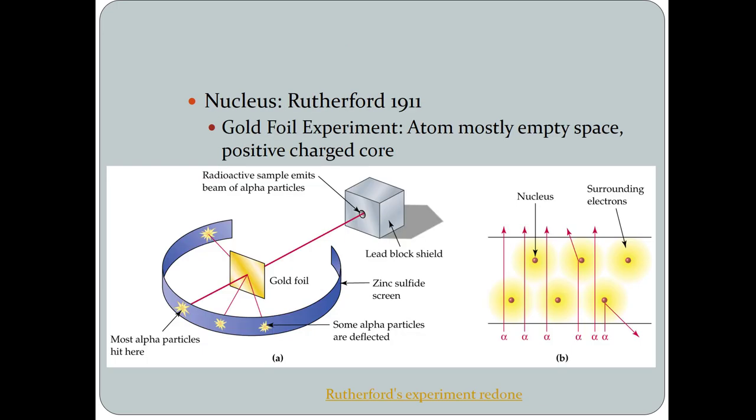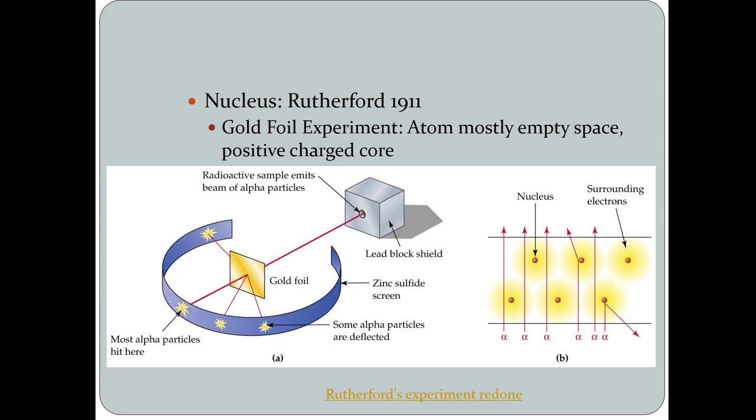So the next scientist we're going to talk about wanted to either prove or disprove Thomson's plum pudding model. And so this was Ernest Rutherford in 1911. He came up with what he called the gold foil experiment. So he pounded a really thin piece of gold that was just 1 or 2 atoms thick, and then he shot alpha particles at it.